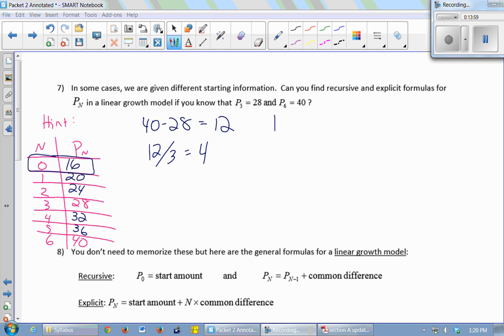So let's try to do a recursive formula. P sub n equals what? P sub n minus 1 plus 4. And you also should give the starting amount. Starting amount of 16, so that we have some place to start applying the rule.